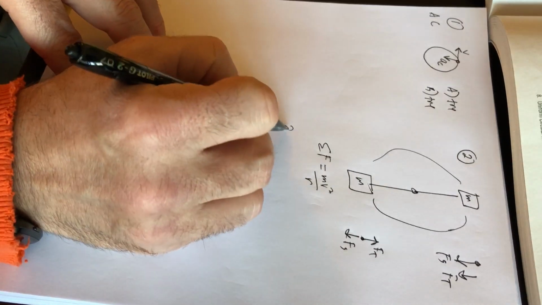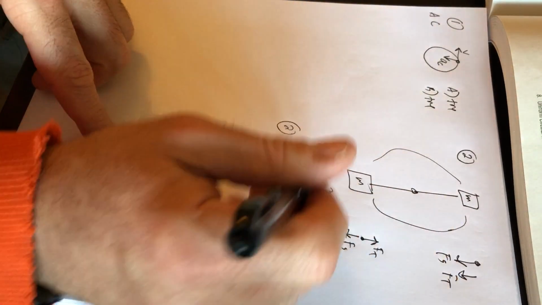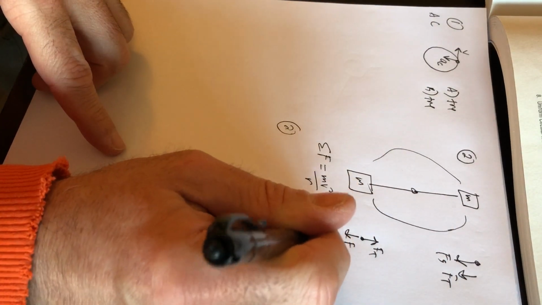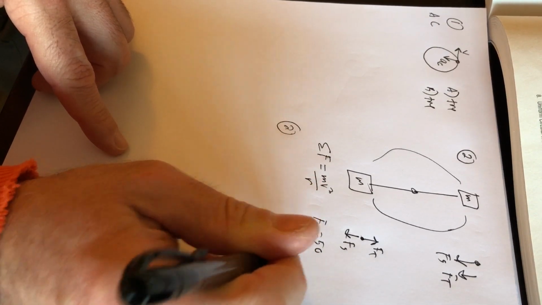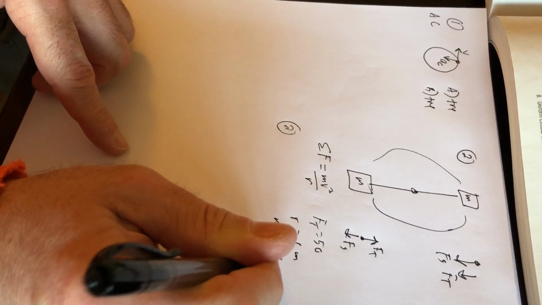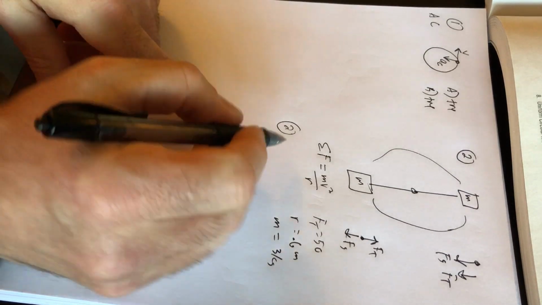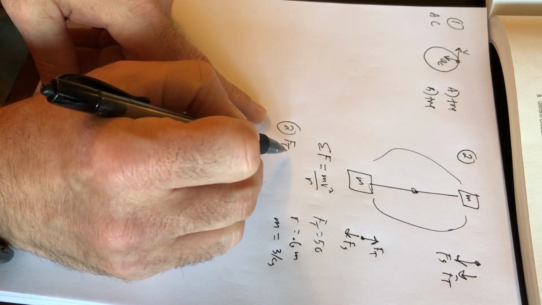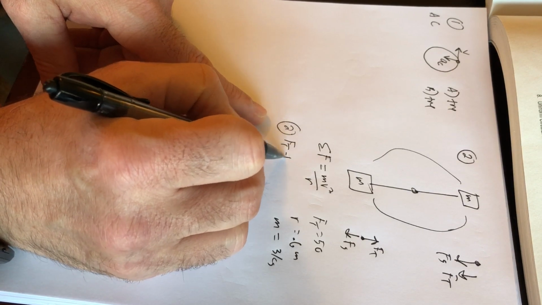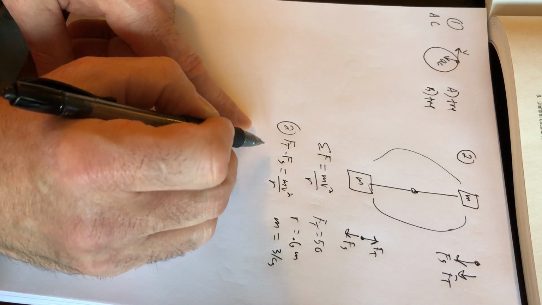So in number two, we know that the tension is 50 newtons. We know the radius is 0.6 meters. We know the mass is 3 kilograms. We're talking about at the bottom, and we want the speed of the bucket. So at the bottom, I have the force of tension positive minus the force of gravity equals mv squared over r.